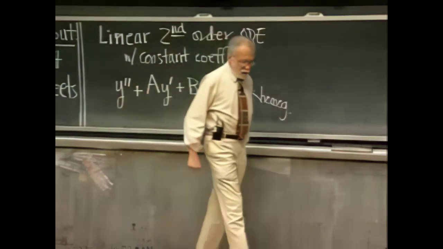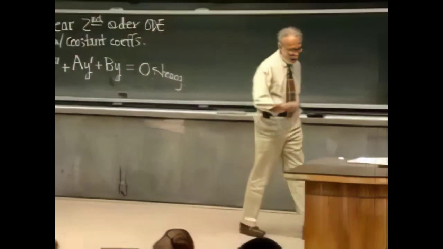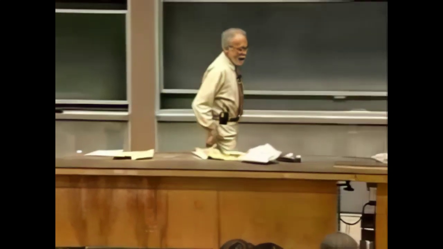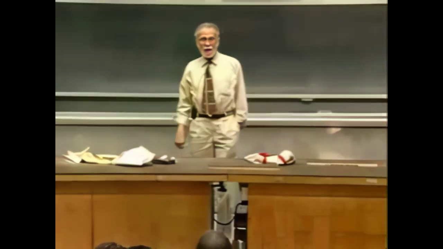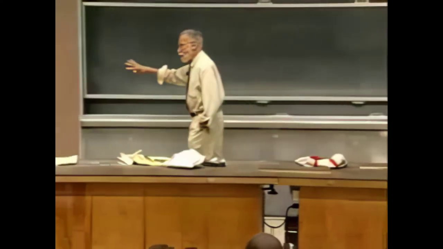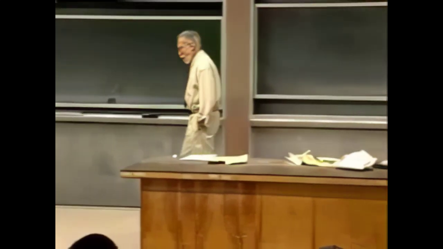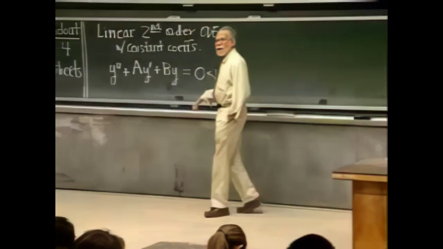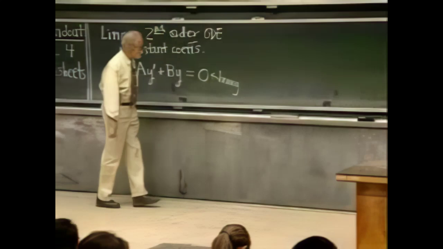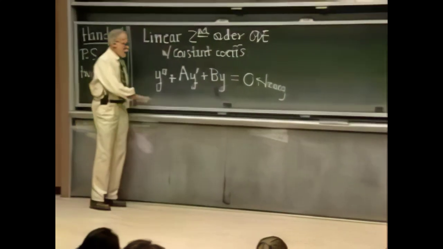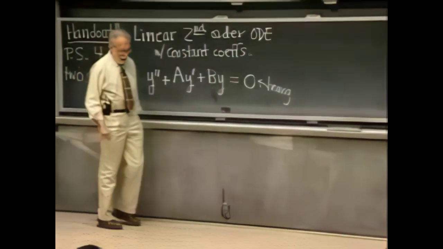In that case, the equation is called inhomogeneous, but it has a different physical meaning, and therefore it's customary to study that after this. You start with this. This is the case we start with, and then by the middle of next week, we'll be studying more general cases. But it's a good idea to start here.